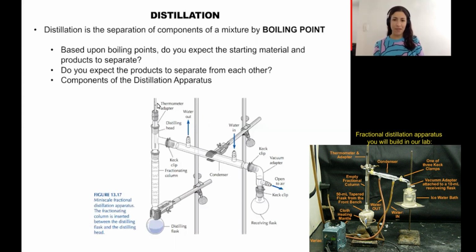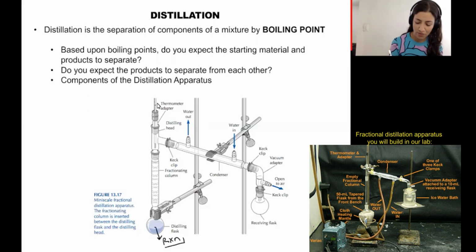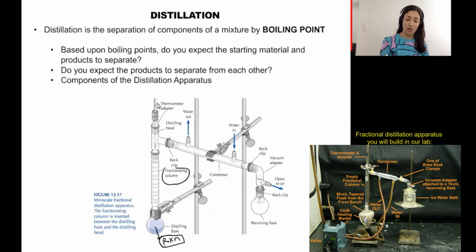Okay. So how the distillation is going to work is you're going to have your reaction in a heating mantle, as we've been doing for the last couple of weeks, in a round bottom flask. In this instance, the flask is directly attached to a fractionating column.